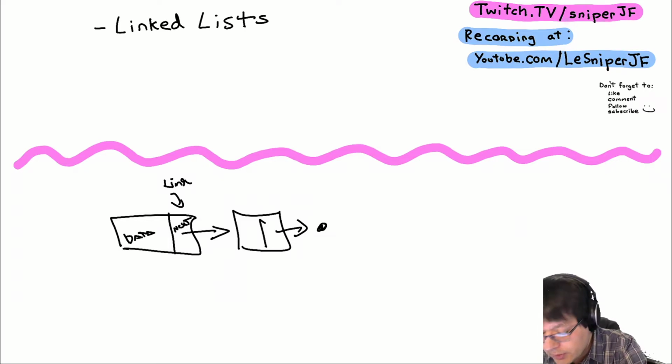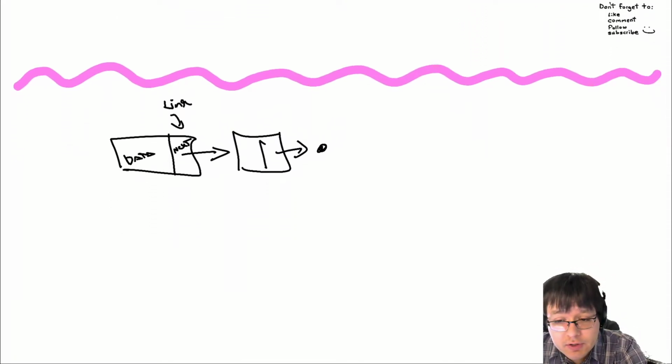Okay, so before I define what things you would want to have in a linked list, let me define a different kind of linked list. Or it's not different, but sort of enhanced version of a linked list. One nice little feature that you could have in a linked list is the ability to go forwards and backwards.